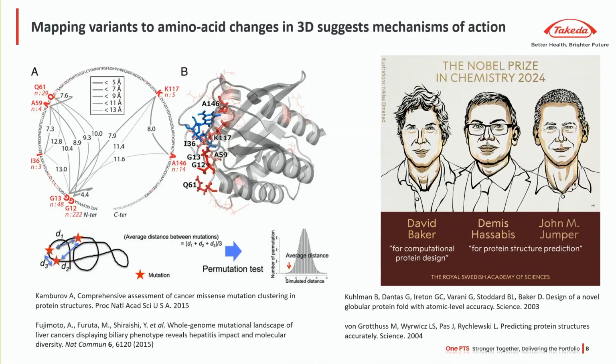Because this is what is done right now. We have predicted protein structures for most of the human proteins. These models might not be 100% accurate in the entire space, but multiple domains of the human proteins are predicted with huge accuracy.